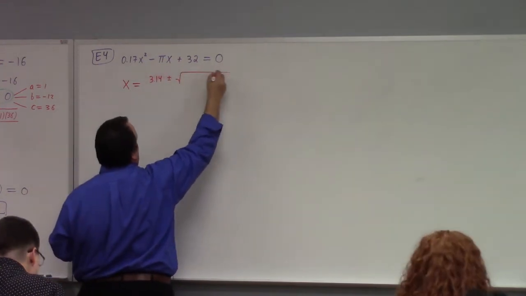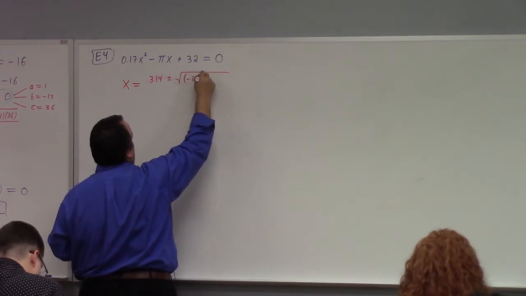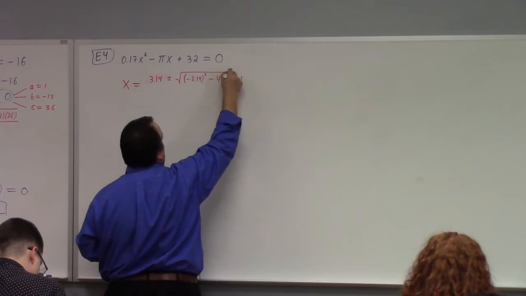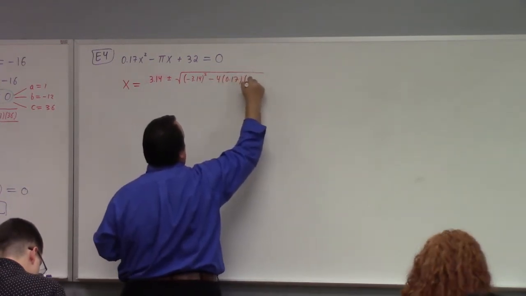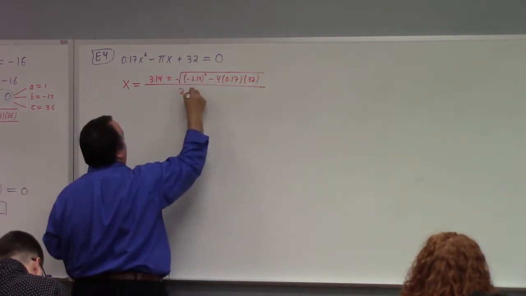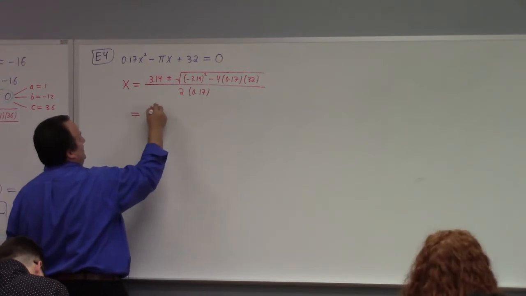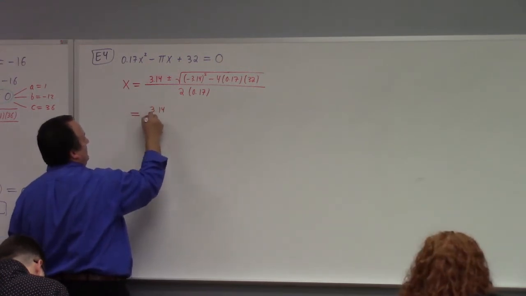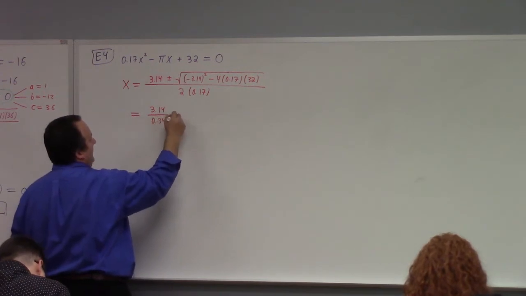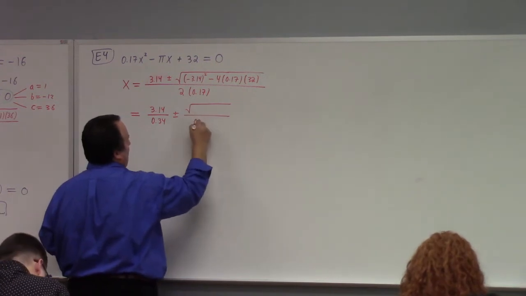Plus or minus the square root of minus 3.14 quantity squared minus 4 times 0.17 times 32, divided by 2 times 0.17. All right. So that's about 3.14 divided by, this is 0.34, plus or minus the square root of something divided by 0.34.